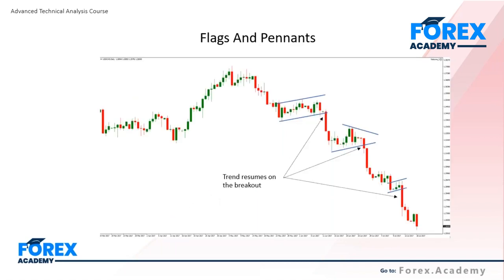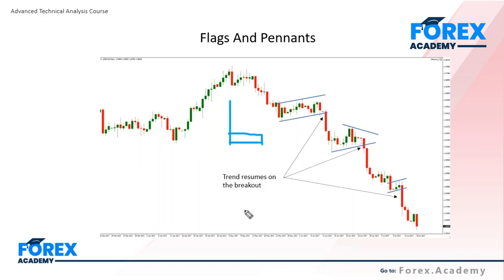Here's a good example of either flags or pennants, and we'll group flags and pennants together because essentially these reflect very clearly just the concept of the fact that the market is simply pausing for breath, so to speak, before continuing the underlying trend. We can see in all three of these examples, this would be a flag. Think of a flag, we'll look at it in upside down terms, as just what a flag looks like.